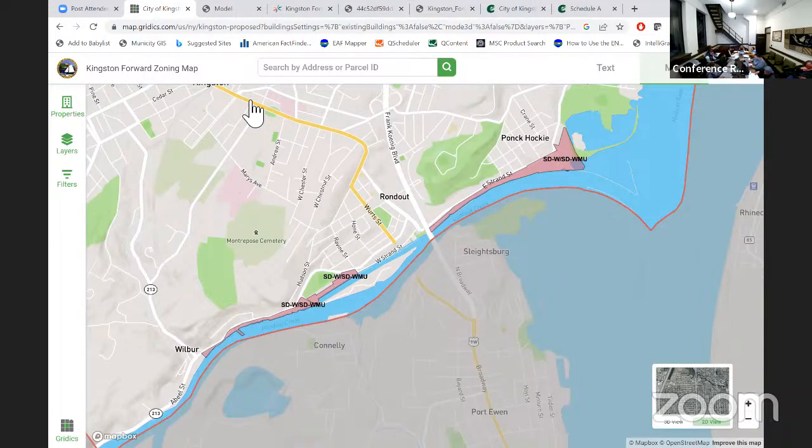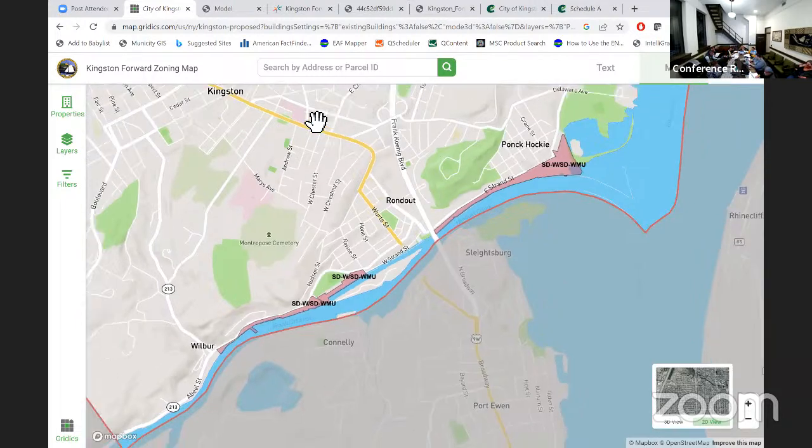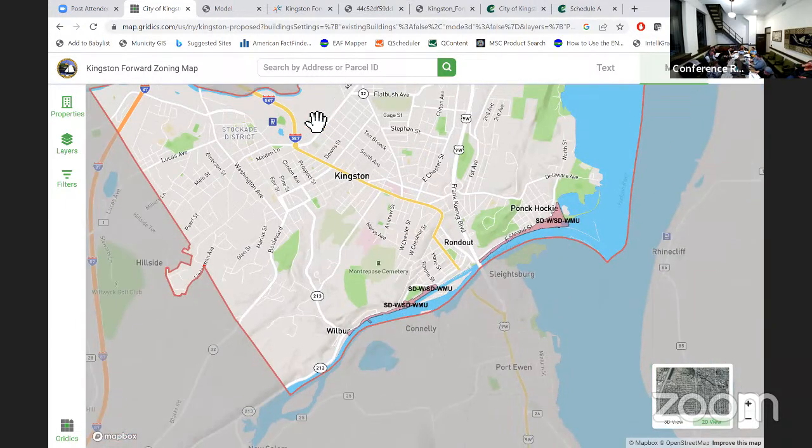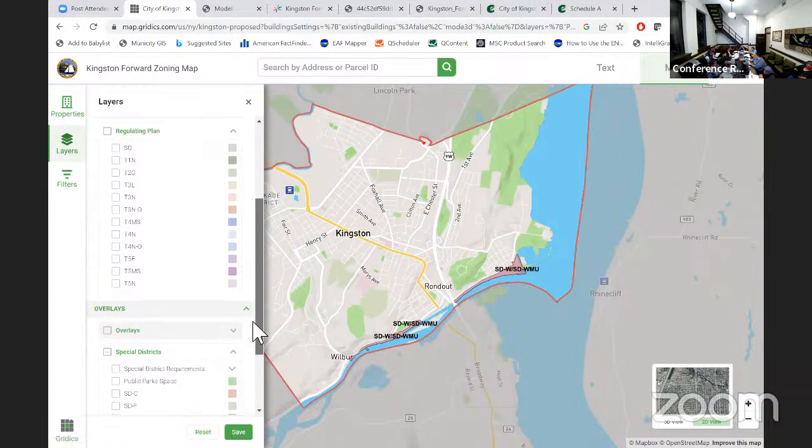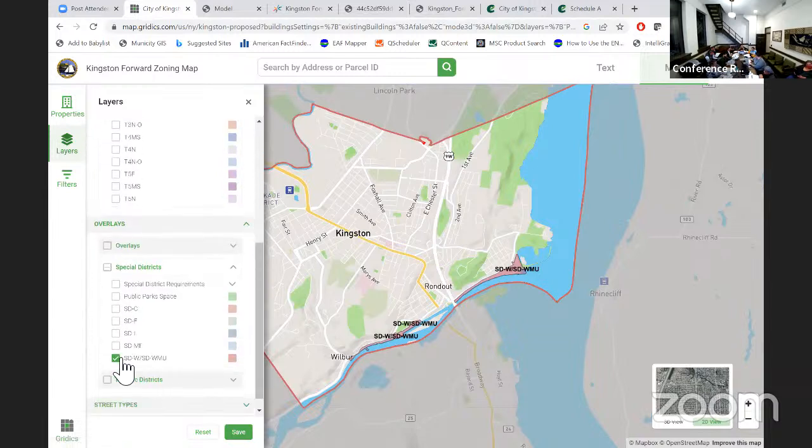Okay, do we want to move to T3? Did we cover T2s and T1s, the natural conservation ones? I know we talked about that at the beginning. The only question we had was the concern of building in a T2 in a floodplain area and not having any building plans.